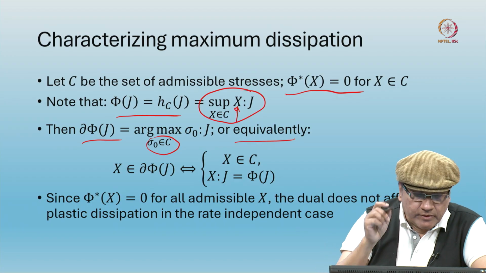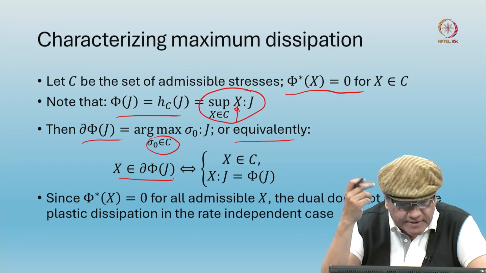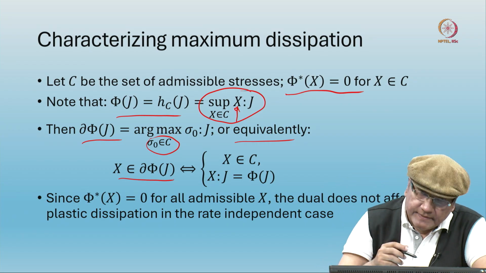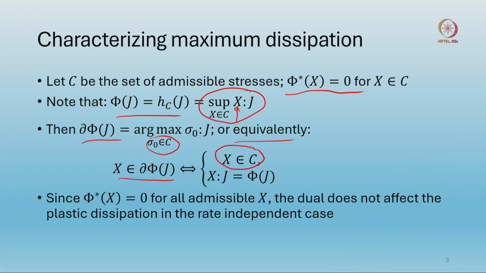Or equivalently, we can say x belonging to del phi j essentially means that x must be within the admissible set, and this is very important, that x inner product j must be equal to phi j.